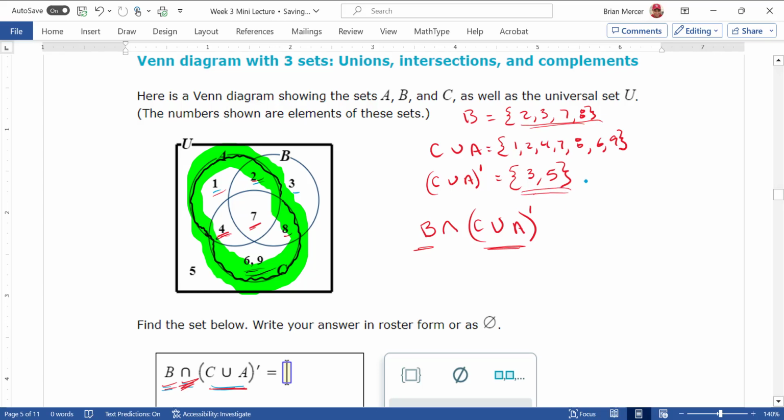That made it kind of nice. The only element that's in both B and the complement of C union A is 3. So the only element in this is 3. My final answer is 3, listed in set notation, so roster form.